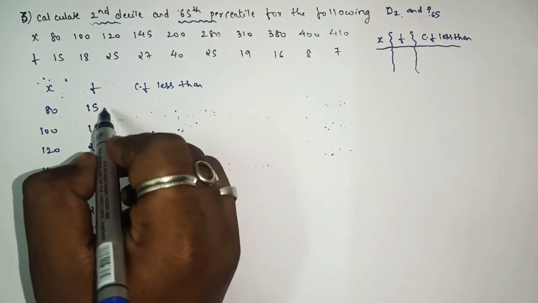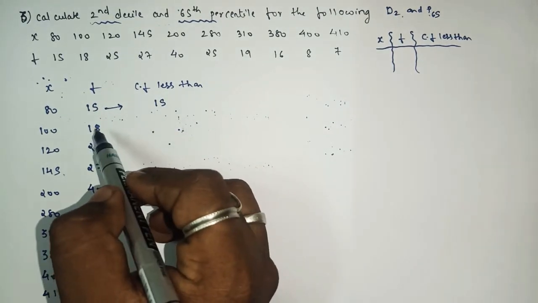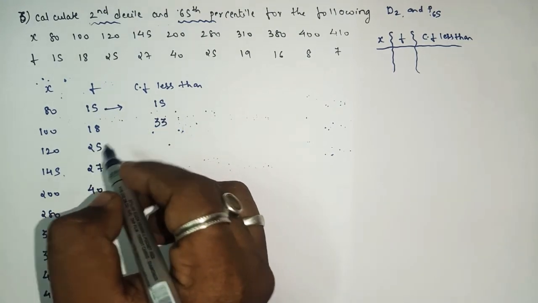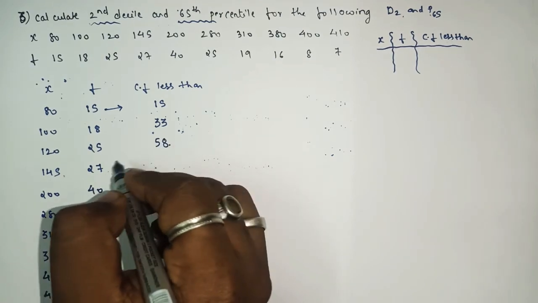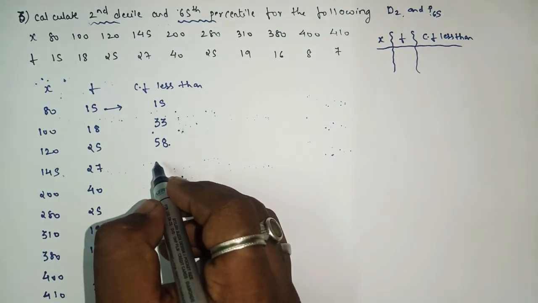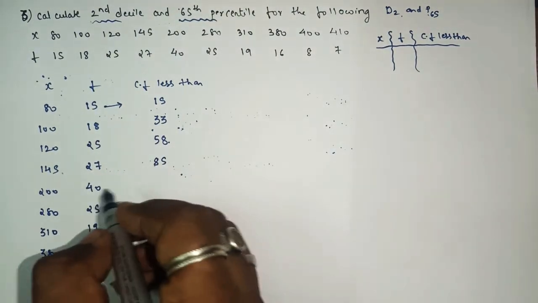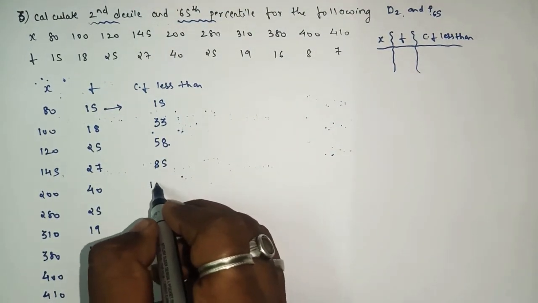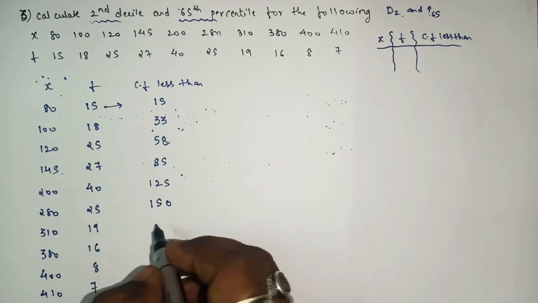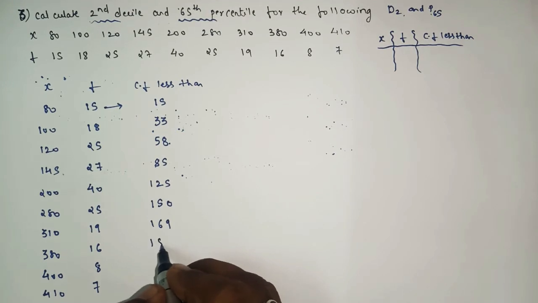And we know how to find the cumulative frequency. The first number will be the same as it is. Now simply go on adding: 15 plus 18 will be 33. 33 plus 25 is 58. 58 plus 27 is 85. 85 plus 40 is 125. 125 plus 25 is 150. 150 plus 19 is 169. 169 plus 16 is 185.